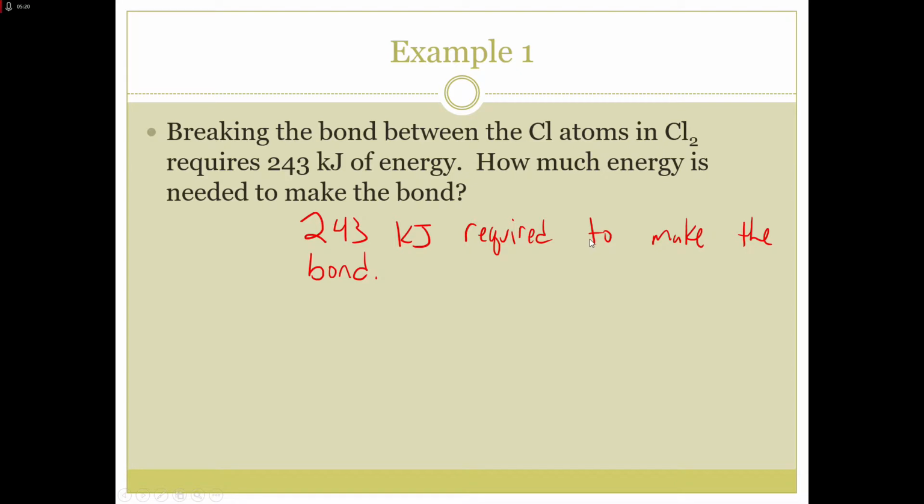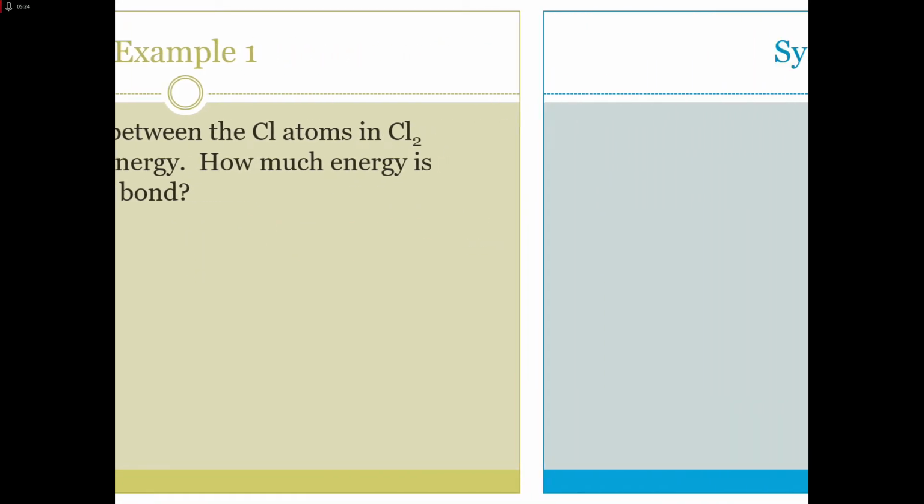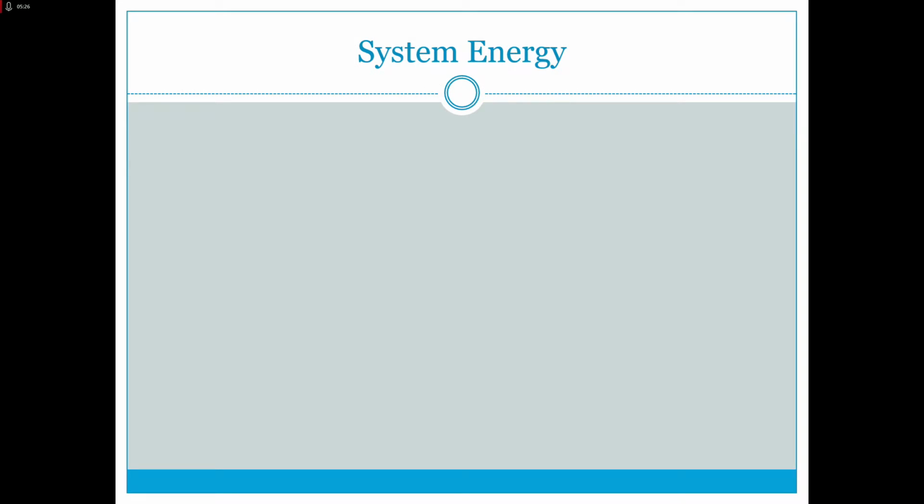So how then do we get endothermic and exothermic reactions? Well, that depends on the energy of the entire system as a whole, right? Because the bond energy is specific to pairs of atoms, but most chemical reactions deal with a lot more than that.